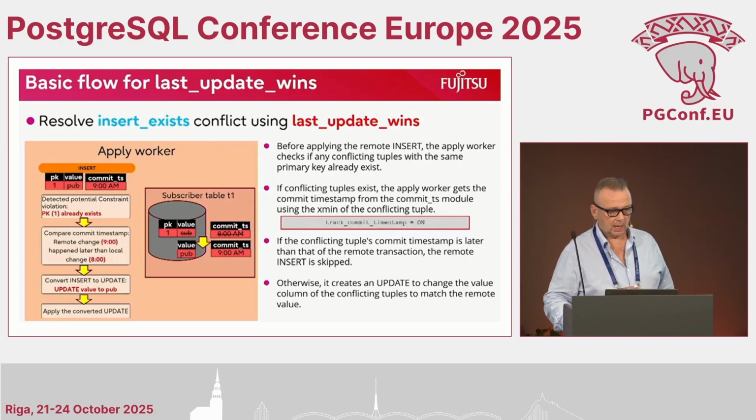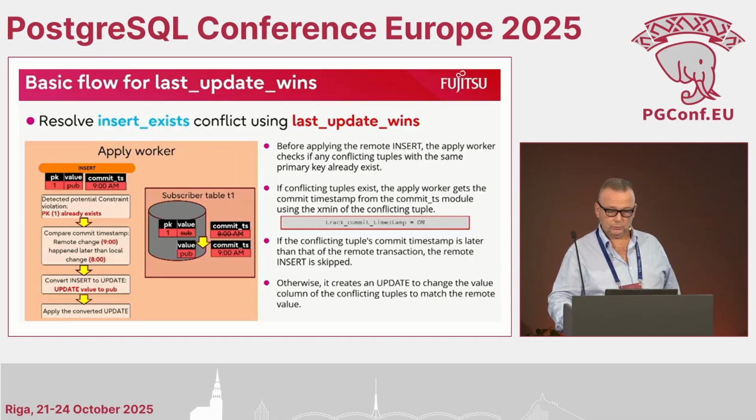So the basic workflow for last update wins. This slide is an example where we can see how it resolves an insert_exists. Before applying the remote insert, the logical replication apply worker checks if any conflicting tuples with the same primary key exist. And if they do, the apply worker gets the commit timestamp and compares the commit timestamp of the local tuple with the commit timestamp of the remote insert.